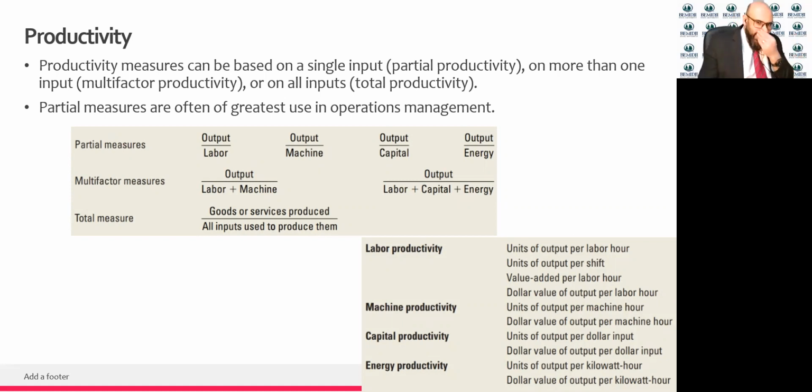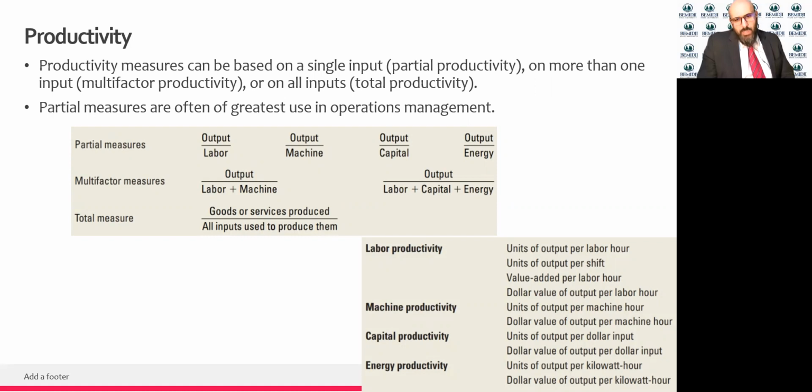In this box, you will see some of the measures that we use to measure the labor productivity, such as units of output per labor hour, units of output per shift, value added per labor hour, dollar value of output per labor hour. For the machine, could be unit of output per machine hour, or dollar value per machine hour.